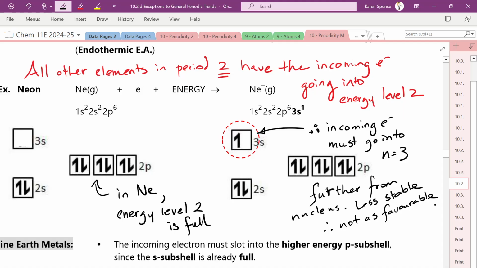In fact, this is going to be a positive value, which means you need to put energy in. So instead of that electron just falling in, you actually need to shove it in somehow.